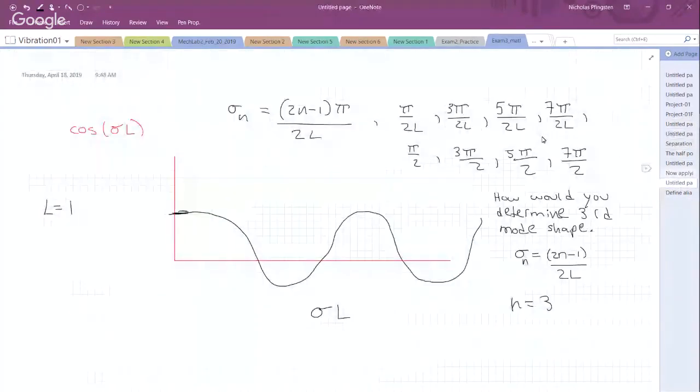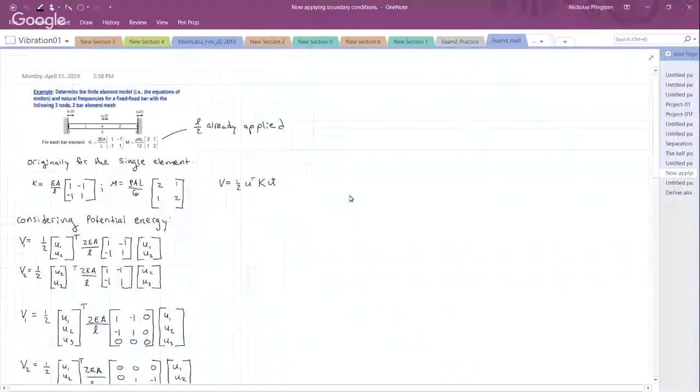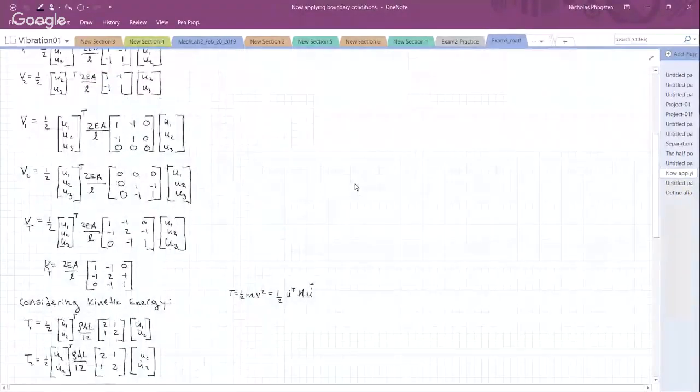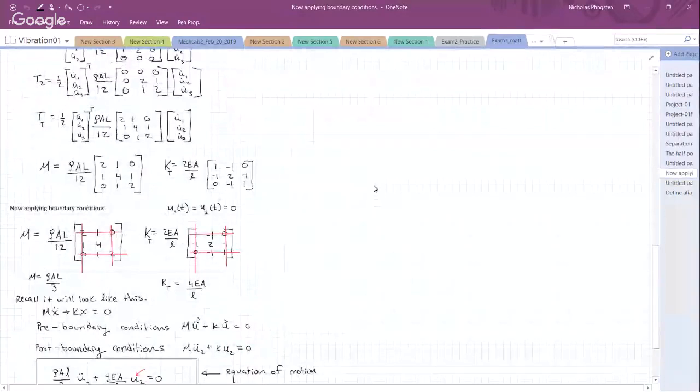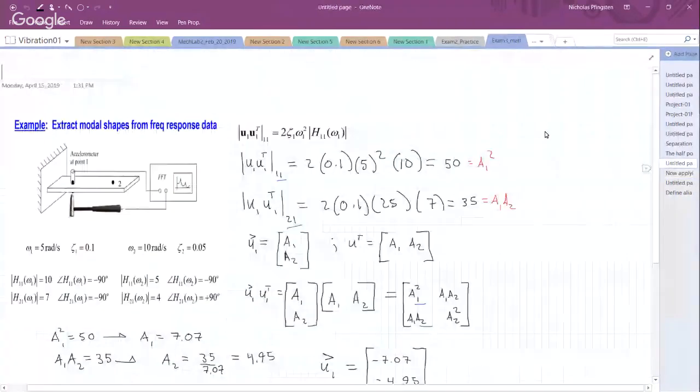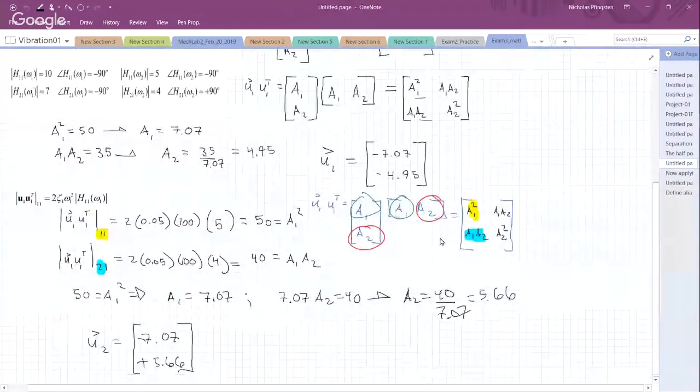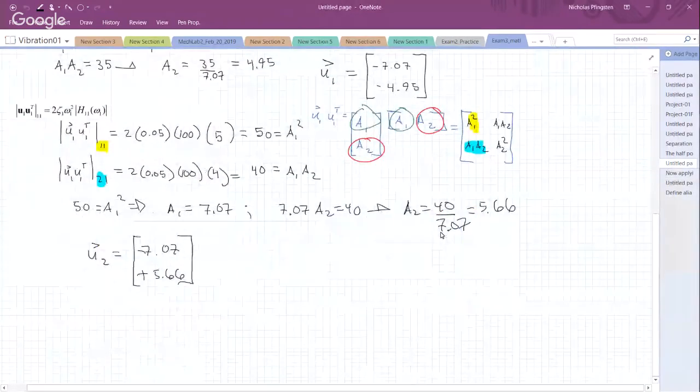In fact, think of hitting it here and having 3 accelerometers with your 4-channel analyzer, and then you collect all this data at once. You're actually measuring motion here, here, and here all at once. You expect the motion to be at different points? Yeah, that's what motion is. So this will give you the relative magnitude.